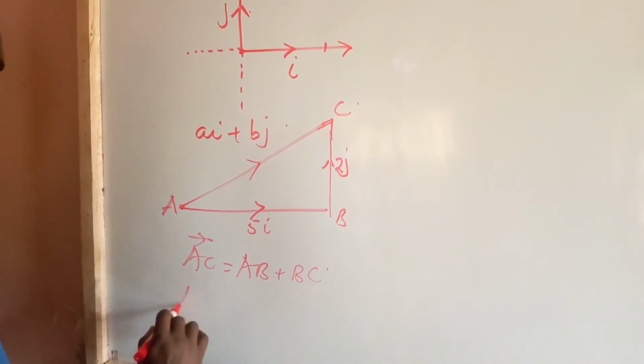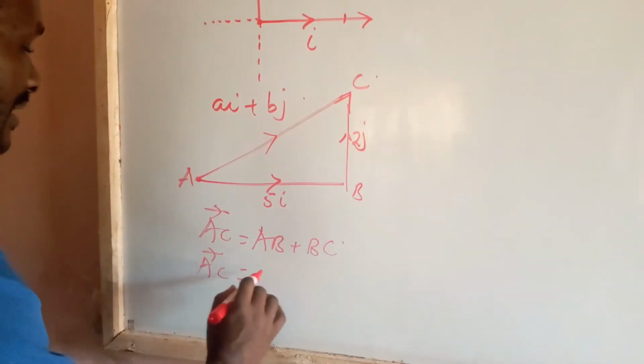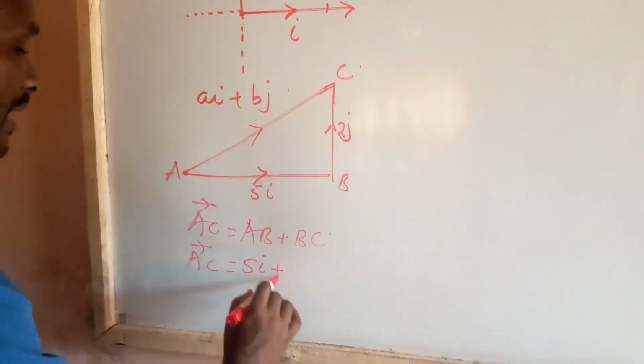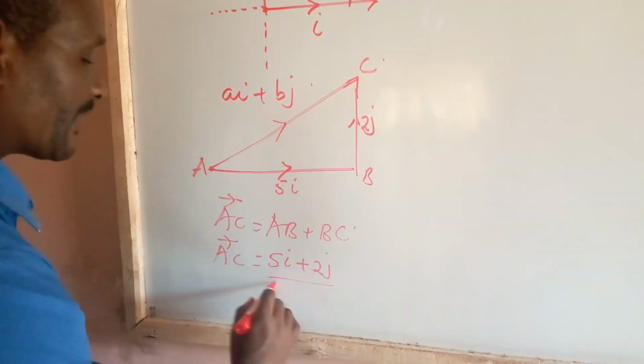This, in short, is that vector AC is 5i plus 2j.